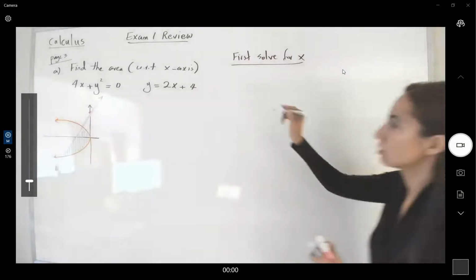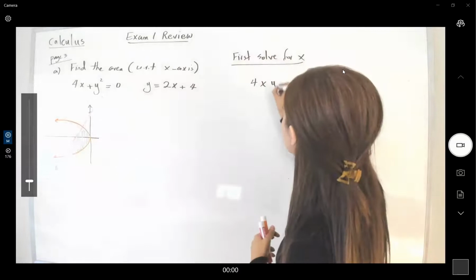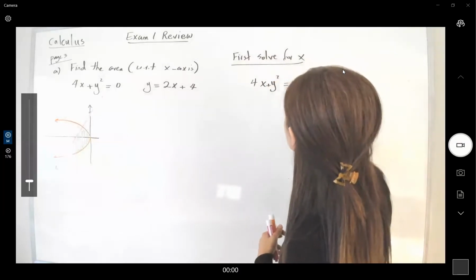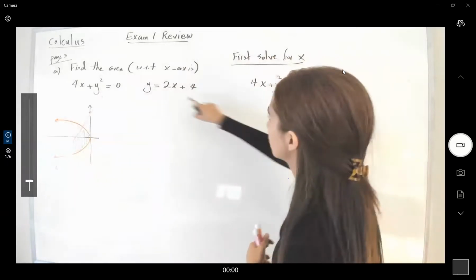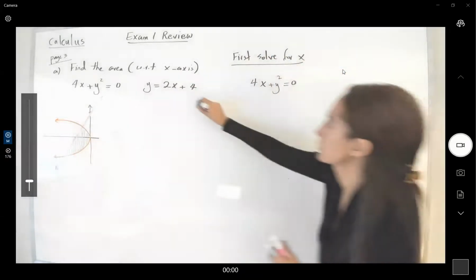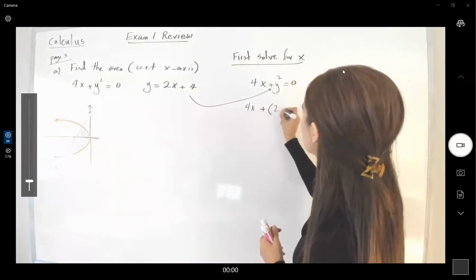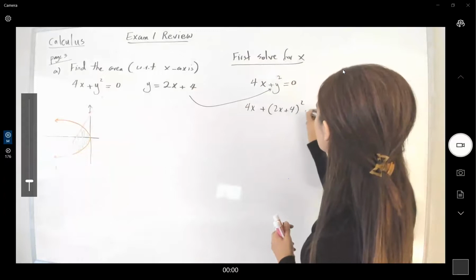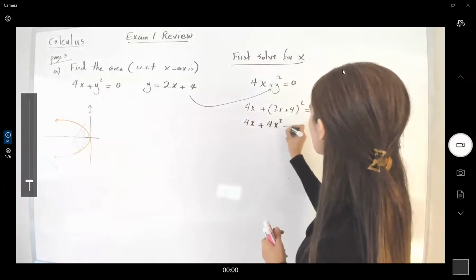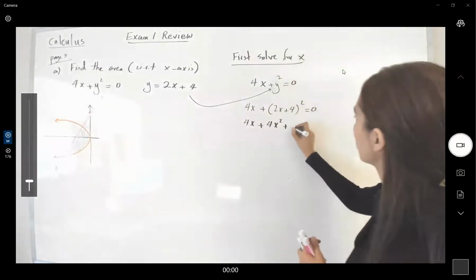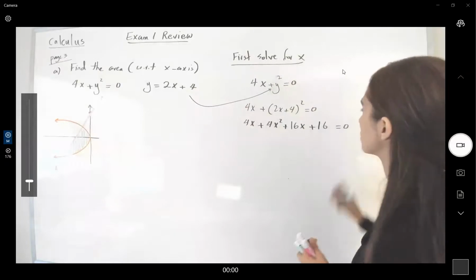Okay, so here you have 4x plus y squared equal to 0. But what is your y? Y is 2x plus 4. We're going to substitute this guy here. We get 4x plus 2x plus 4 squared equal to 0. So 4x plus 4x squared plus 16x plus 16 equal to 0.